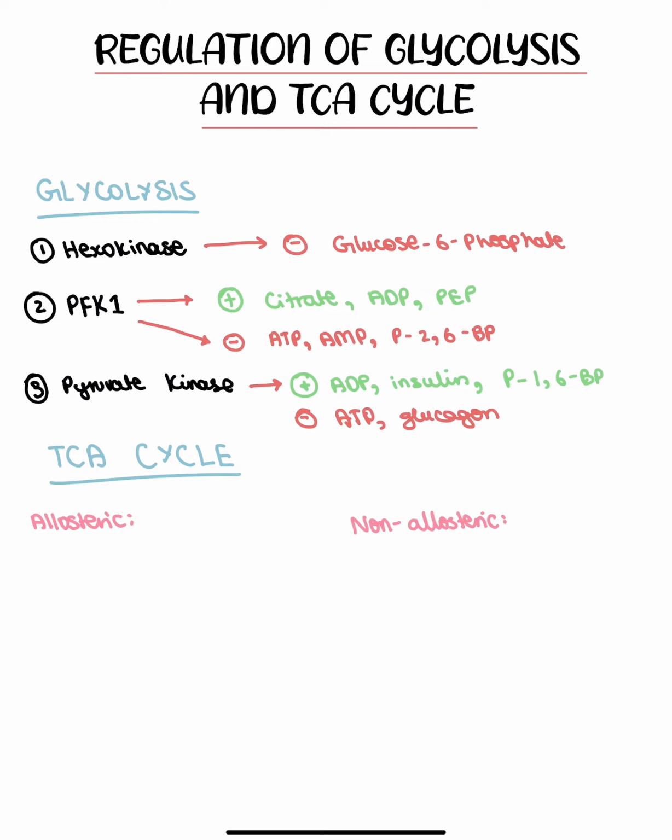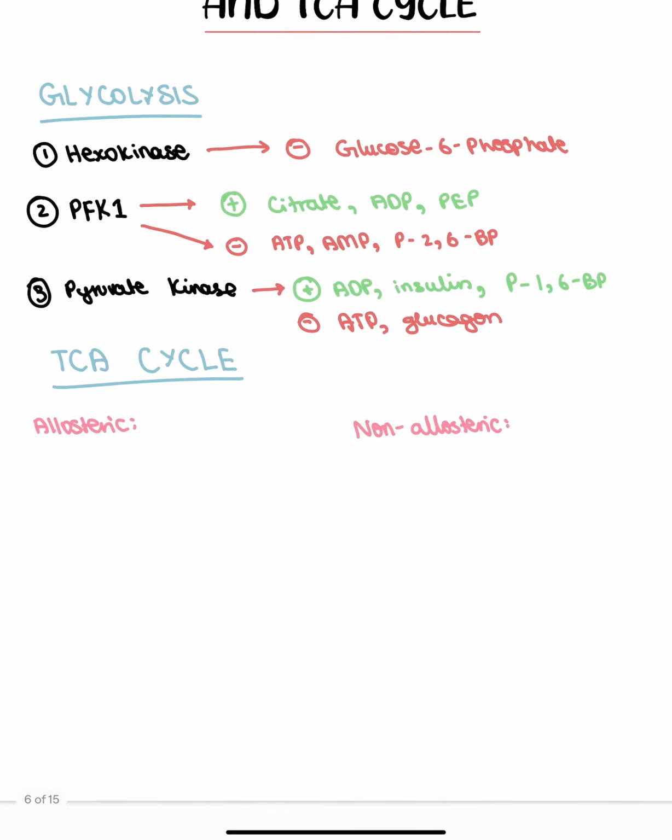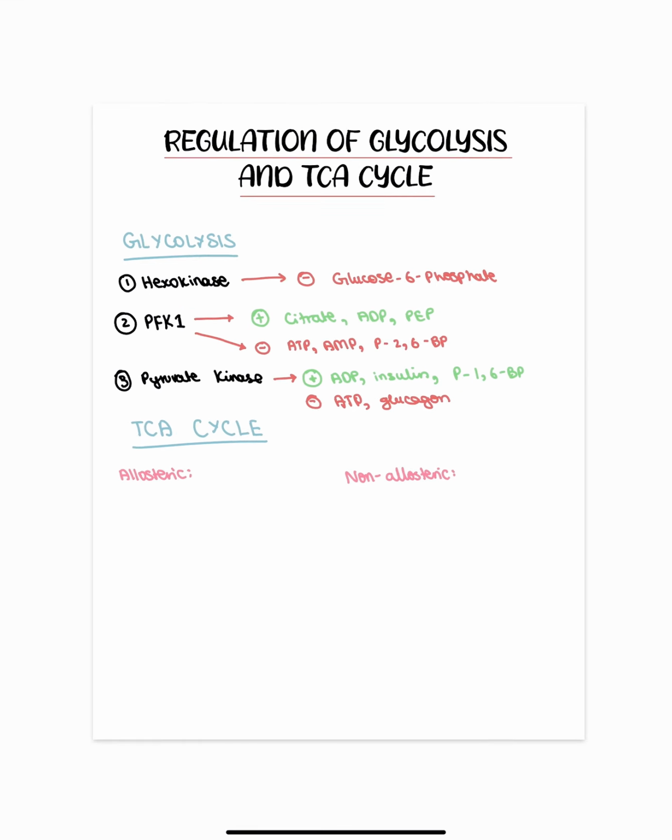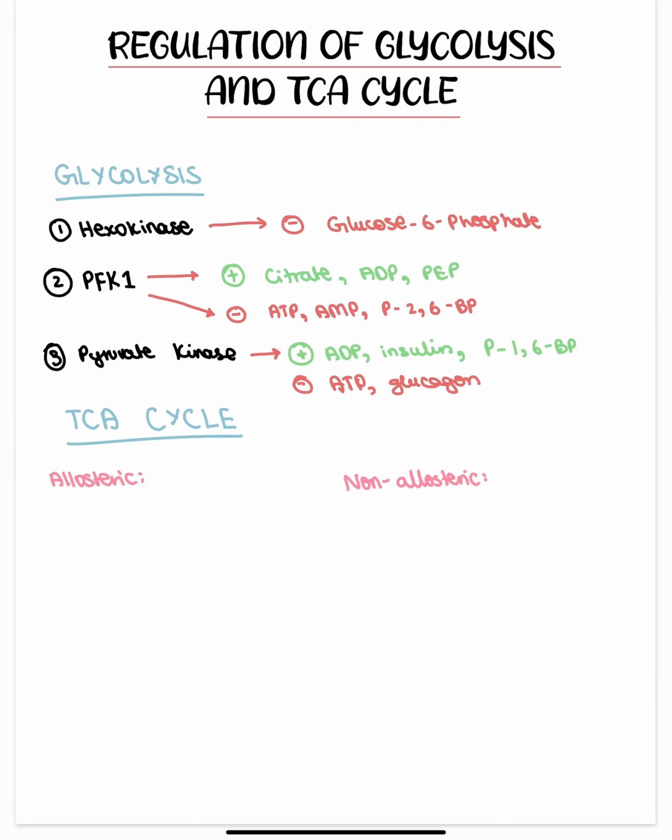So those were all the regulatory enzymes in glycolysis. Now let's move on to the TCA cycle. This regulation is really important to make sure that we're not making too much or too little energy. We're just making enough which is required. There are two types of regulation, allosteric and non-allosteric.